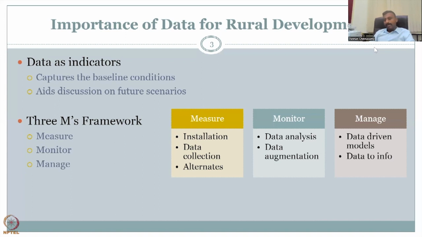Finally, your results become an information. As I said, you have a decision support system or a model. You feed in the data that you collect through the installation and data augmentation, etc. And the data is driven in the models to finally give an output. The output becomes an information.